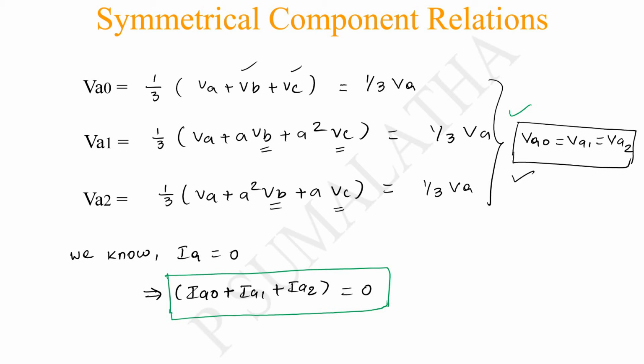Therefore, from these two equations, we can conclude that all the sequence networks are connected in parallel combination. Here we don't have any through fault impedance, so directly you can connect all the networks in parallel.